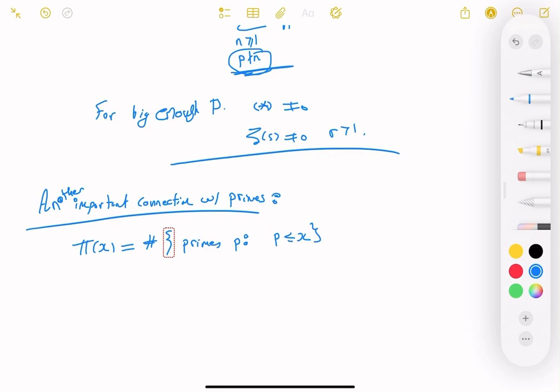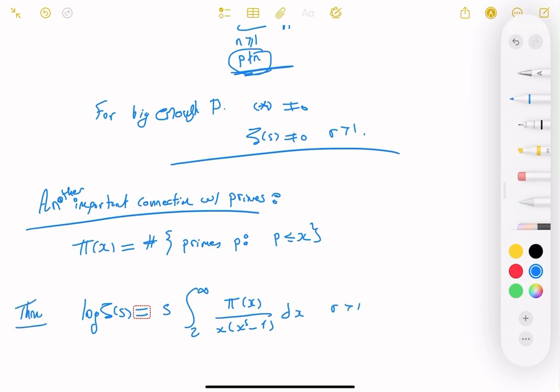So if we take log zeta of s, that equals s times the integral from 2 to infinity of pi of x over x times x to the s minus 1 dx for sigma bigger than 1. So let's call this a theorem, I guess.